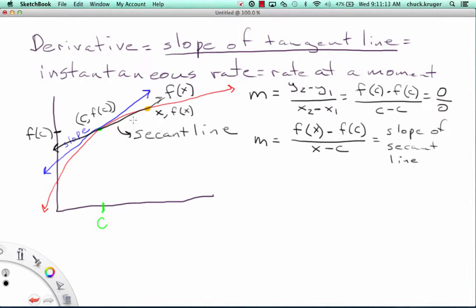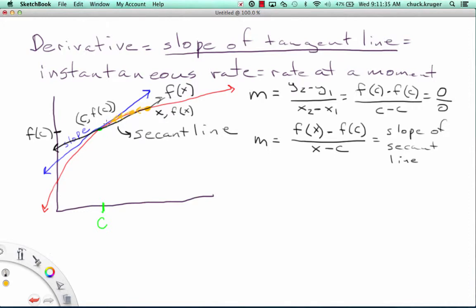And that would be it, except I'm going to be moving this point through the limiting process closer and closer to my original point here. It's going to be moving in that direction.